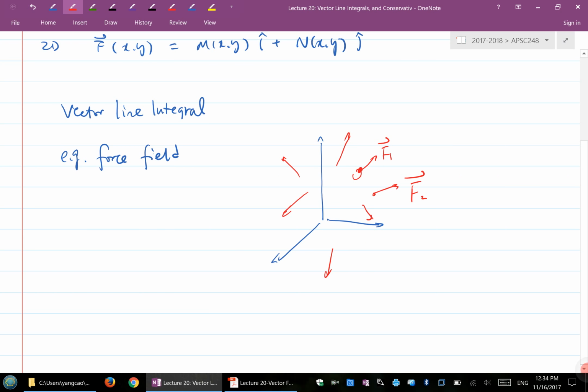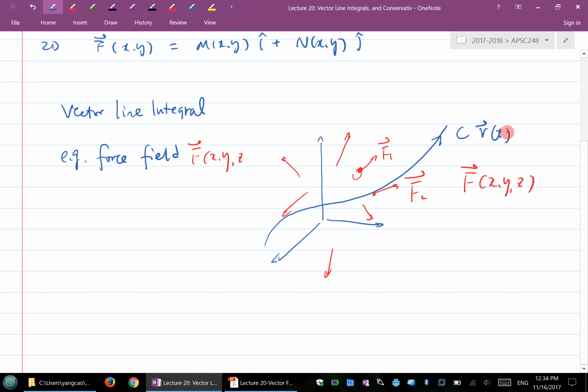Now, I represent the whole field with a vector function F of x, y, z. That's a vector field, a force field. Then we place a certain curve C into this vector field. This is considered a trajectory.